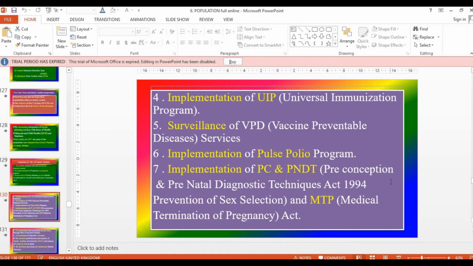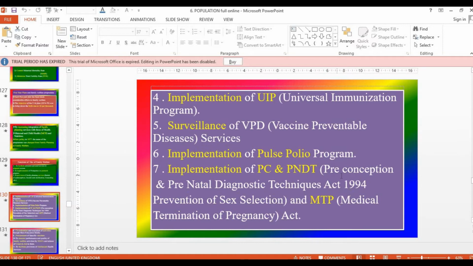PC means pre-conception and prenatal diagnostic techniques, Act 1994. Then the MTP, Medical Termination of Pregnancy Act.